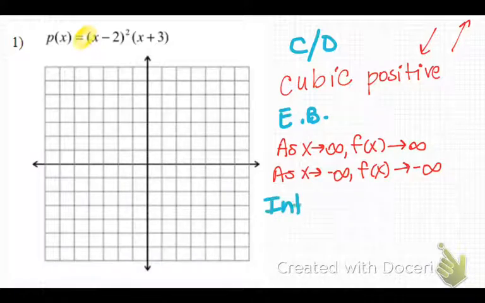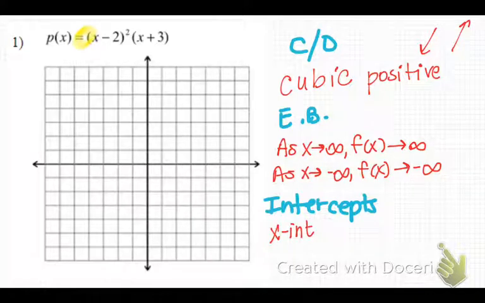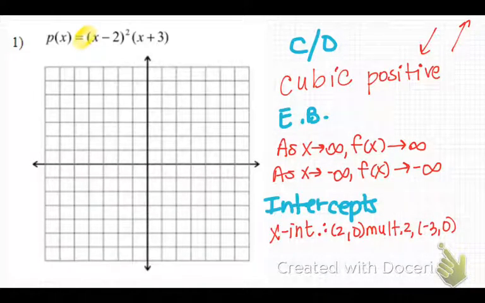Intercepts, perfect. And first I have x-intercepts. What are they? 2, 0, multiplicity 2, is that what you said? Okay, and what else? Negative 3, 0. And for my y-intercept, what is that? 0, 6?